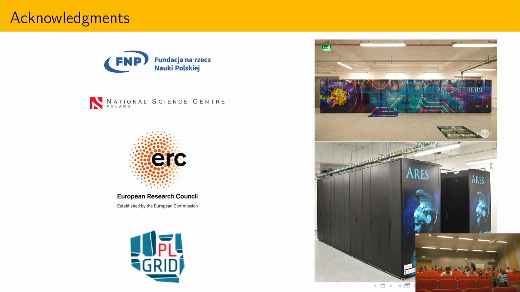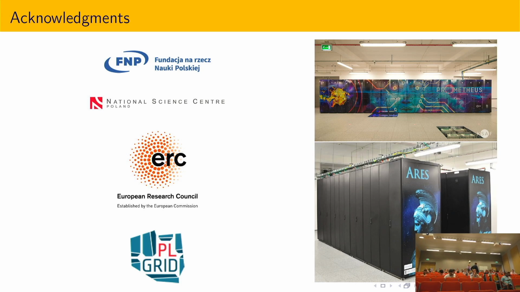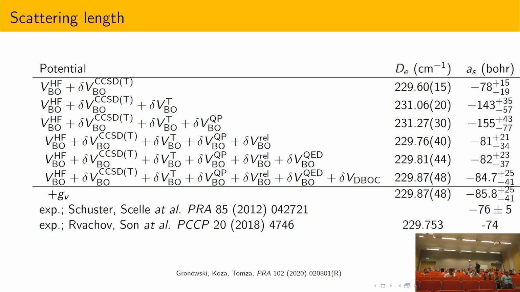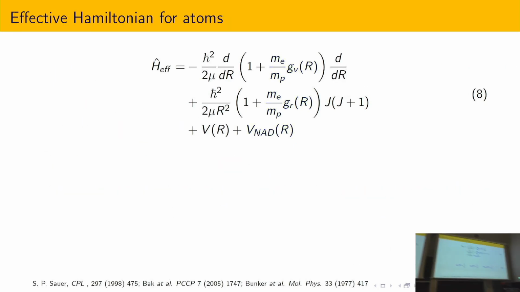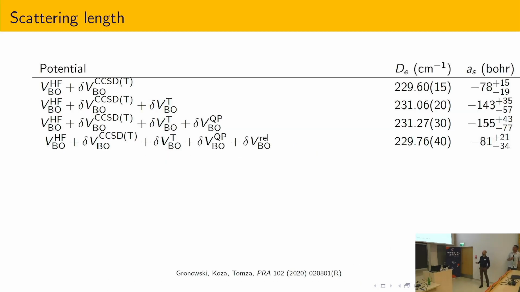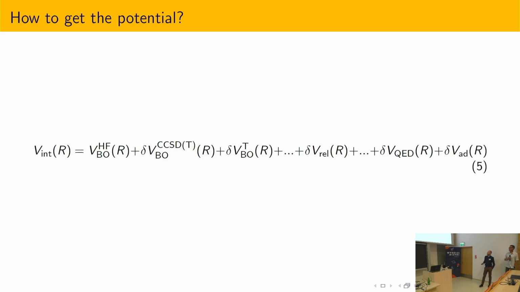I'm sorry if I missed it, but how did you estimate the uncertainties of the scattering lengths? Our potential is the sum of several components, and we use a certain basis set in the calculation of each of the components. Usually we are not able to reach the complete basis set, so we have a finite size of our basis set.